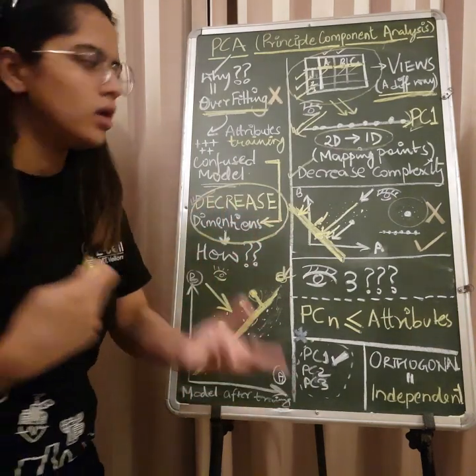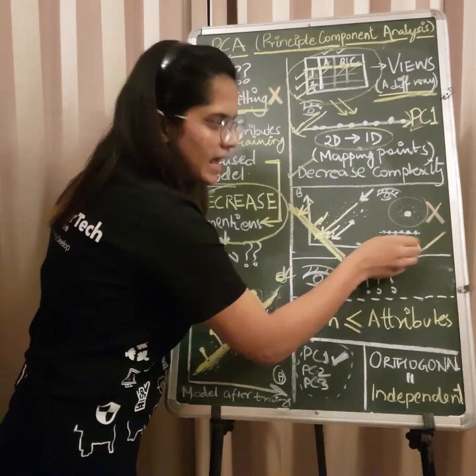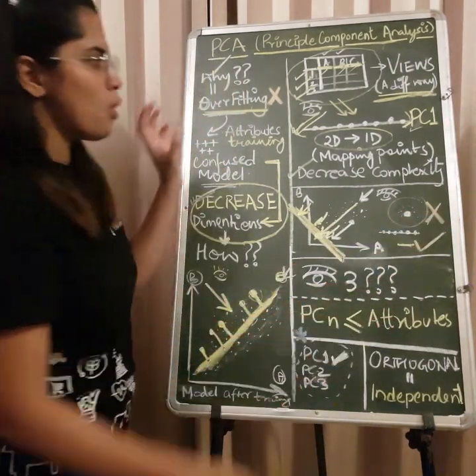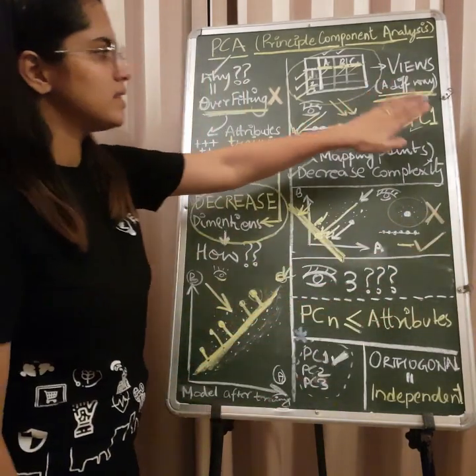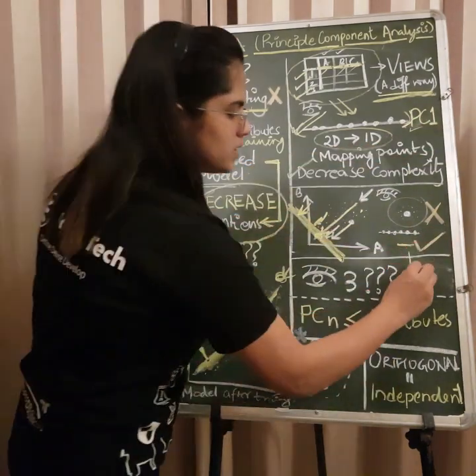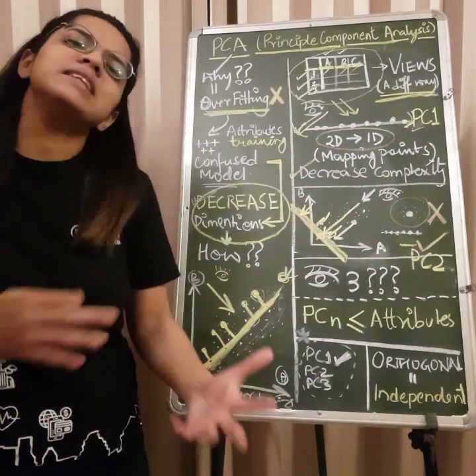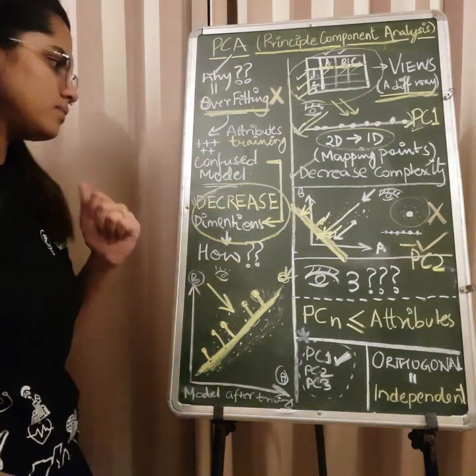So again, the kind of image that we are observing will be this and not this. So it's safe to assume that this line, principal component 1, and this line, principal component 2, will be different from each other, hence the two different names.